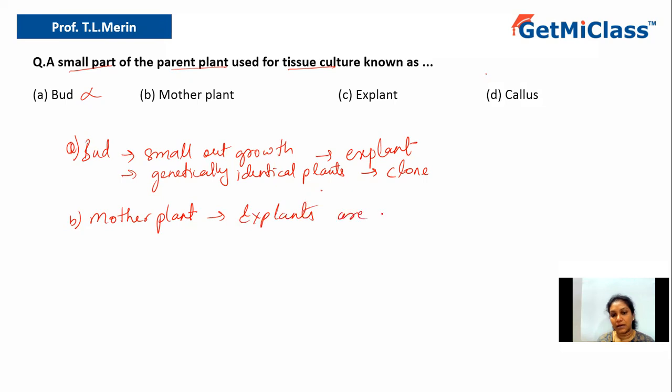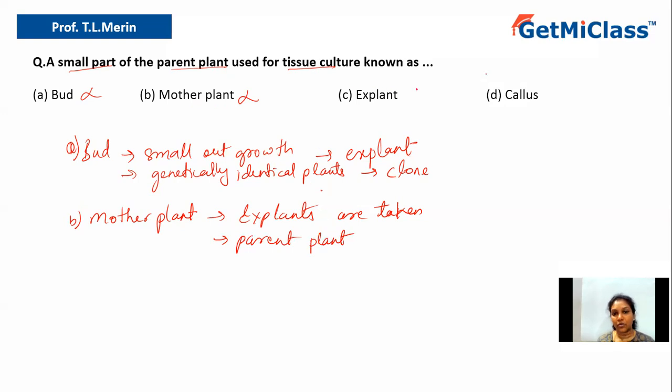Explants are taken from this mother plant. Hence option B is wrong because they are asking about the tissue which has been taken from the parent plant. The parent plant itself can be considered the mother plant. So mother plant is nothing but the parent plant, and not the explant.